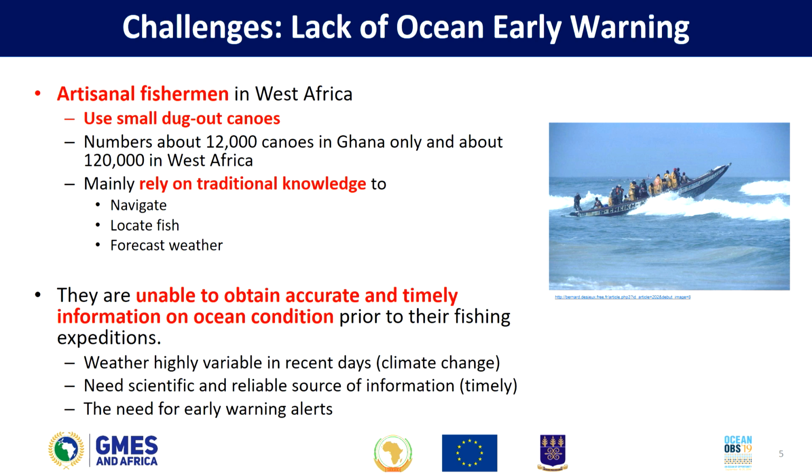These people rely on their local knowledge to navigate, to locate fish and to forecast the weather, which has a lot of errors in it. So what they need is a source of accurate and reliable information for their work so that they will not perish at sea when there is weather disaster.